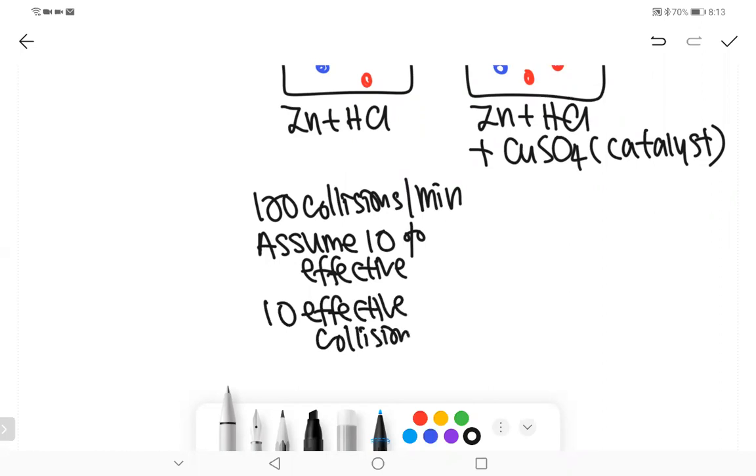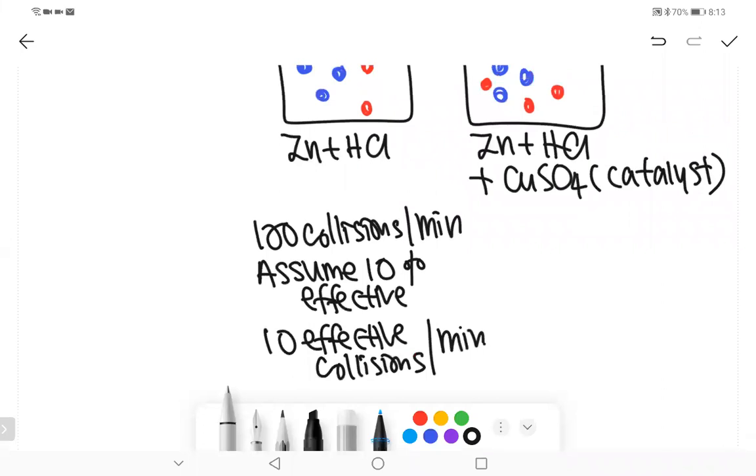After you add catalyst, the number of collisions is still the same. You still have 100 collisions. You don't get more collisions, unlike temperature.